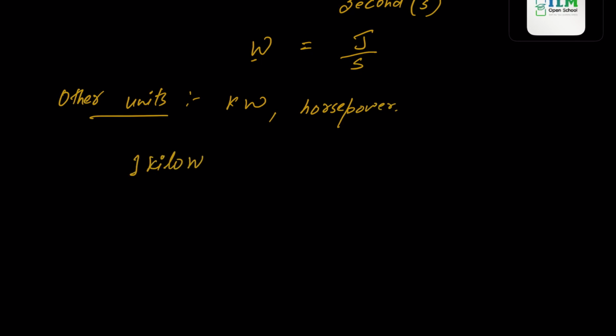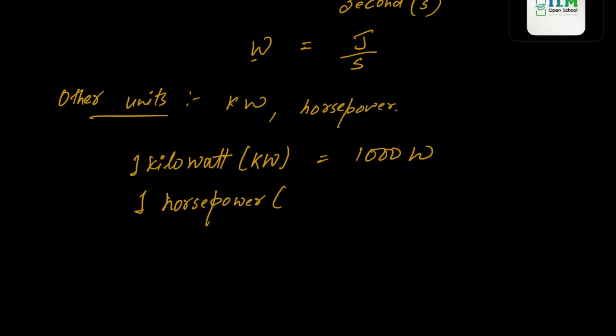So 1 kilowatt, we write it as kW, is equal to 1000 watt, and 1 horsepower, we write it as HP, is 746 watt.